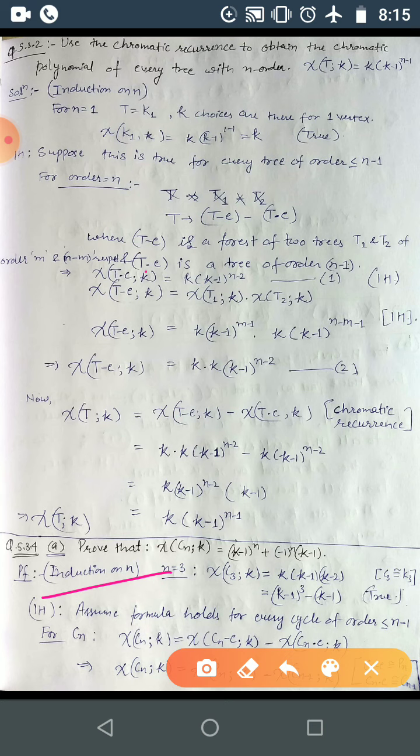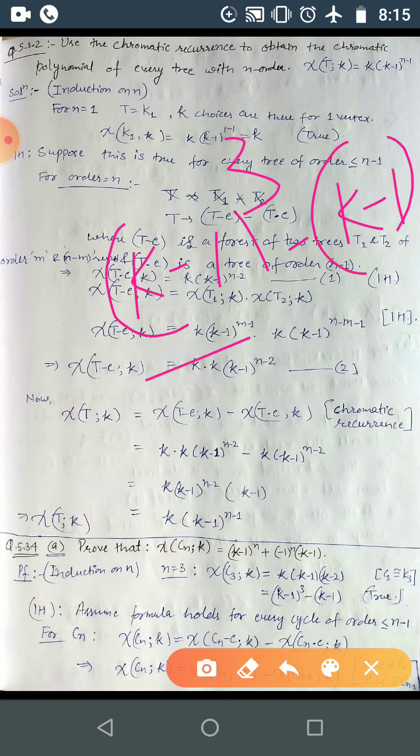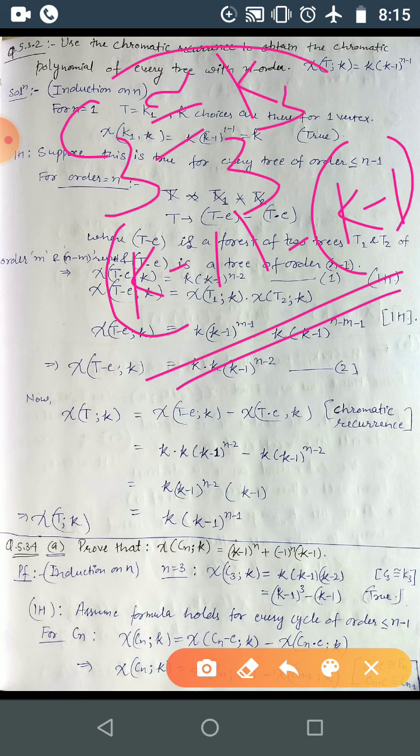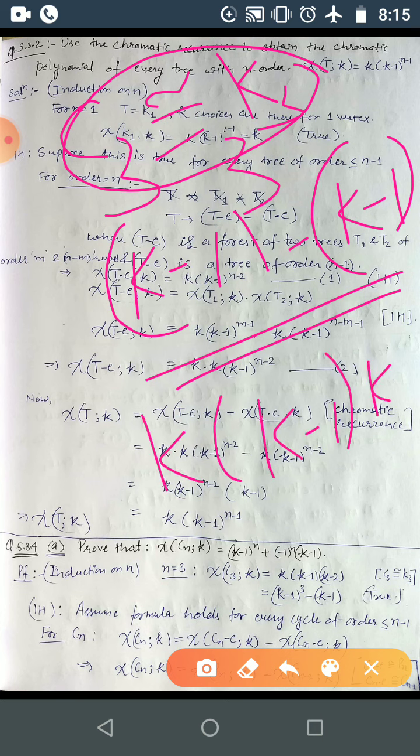So n is equal to 3, you have C3. If you put n equal to 3 here, you are getting (k minus 1) raised to power 3 plus (minus 1) raised to power 3, that will be minus, and (k minus 1). Correct? And C3 is also isomorphic to K3, and for K3 we know that the chromatic polynomial will be k into (k minus 1) into (k minus 2).